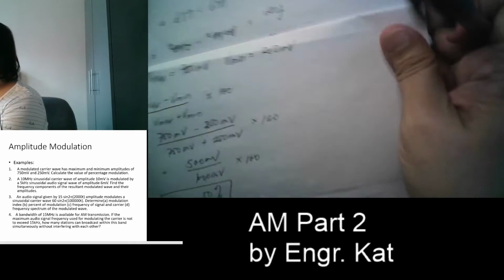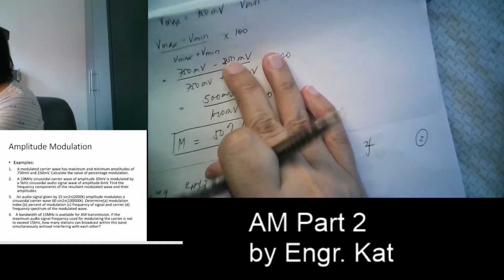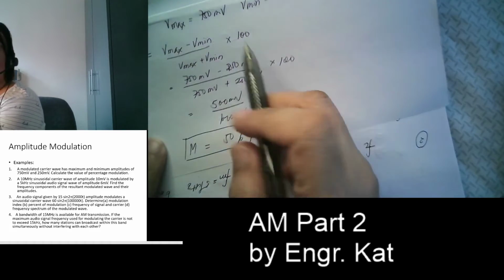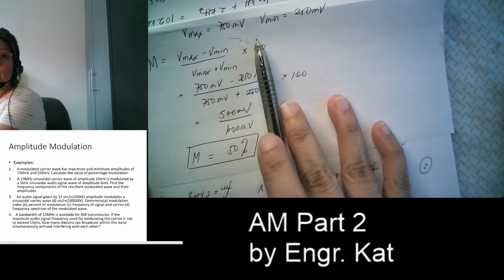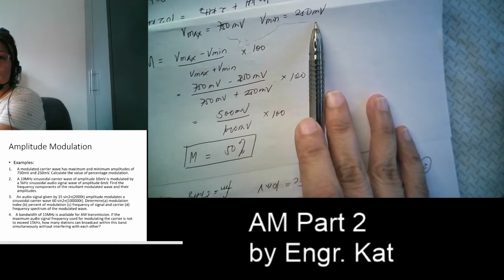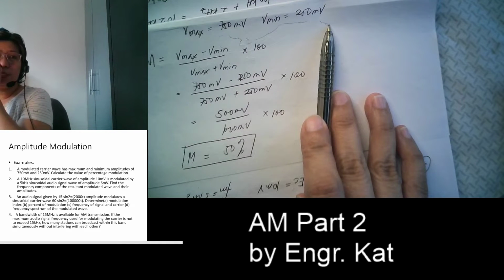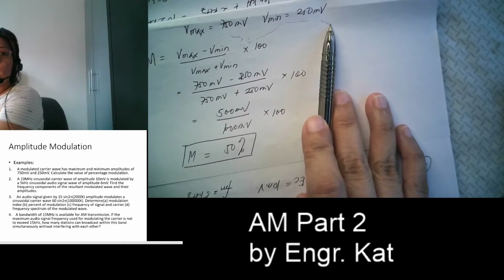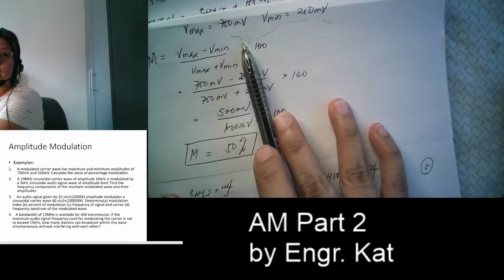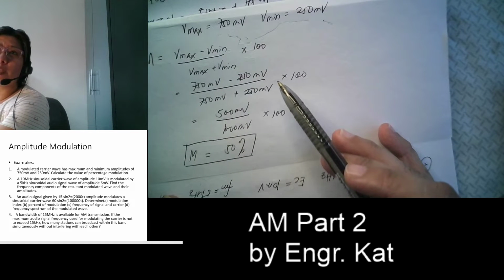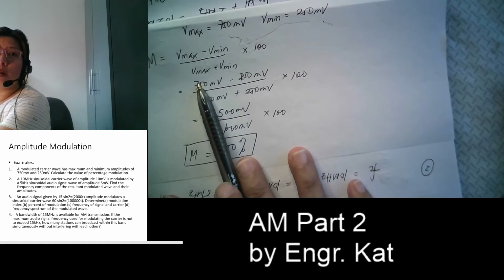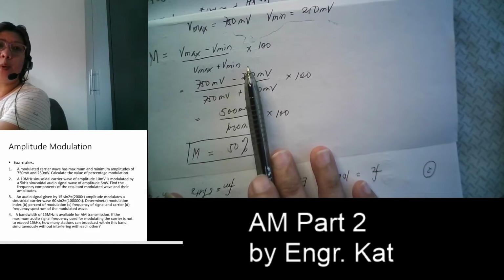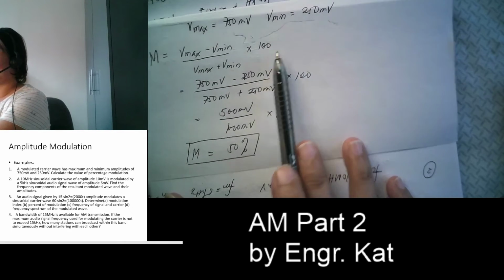We have your Vmax equivalent to 750 millivolts and your Vmin equivalent to 250 millivolts. So what is your modulation coefficient? We just have to substitute to our formula: Vmax minus Vmin all over Vmax plus Vmin, multiplied by 100.